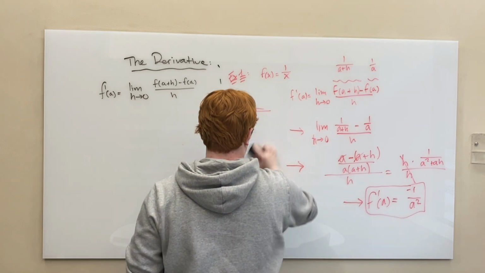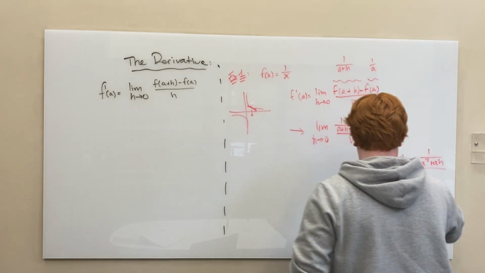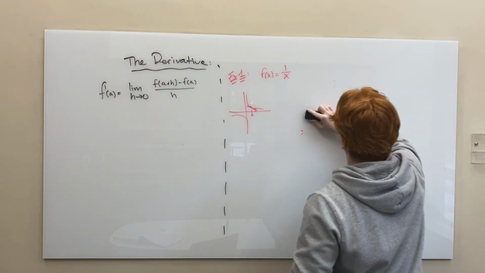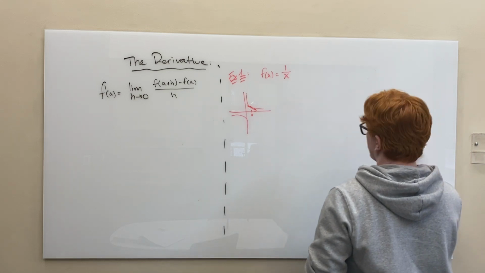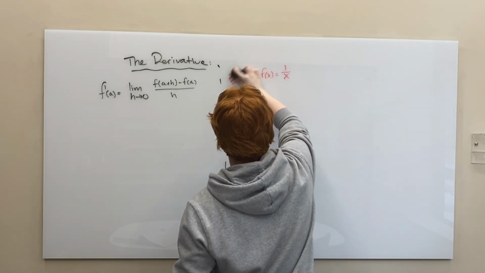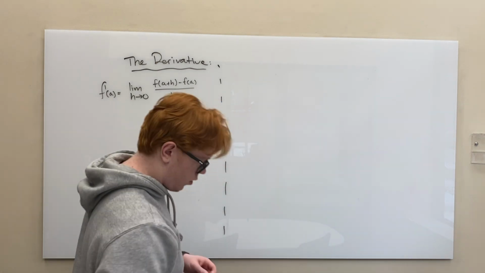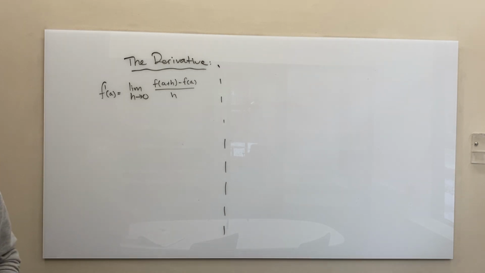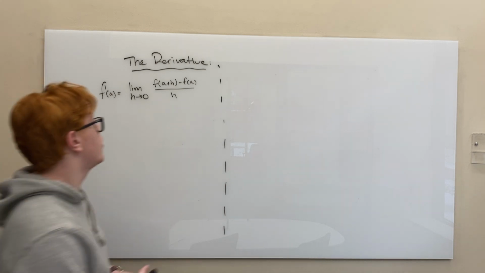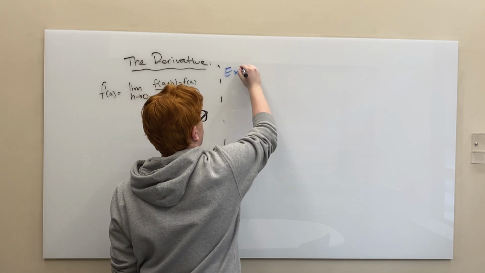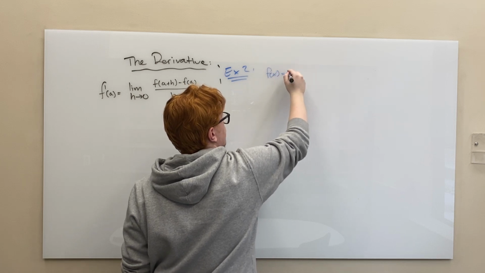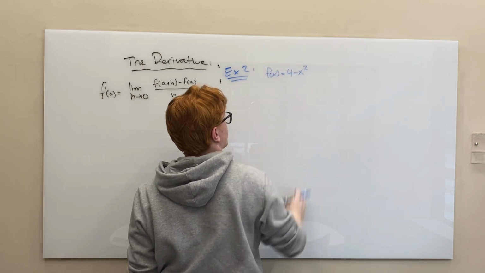Let's try another one. Example 2, we have f of x is equal to 4 minus x squared.